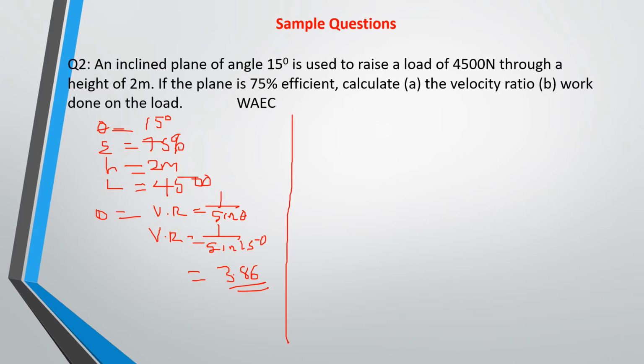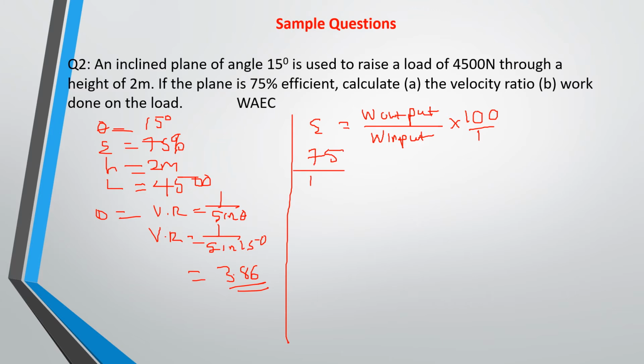Okay, so we know that efficiency is equal to work output all over work input, multiplied by 100 over 1. So efficiency is 75%.